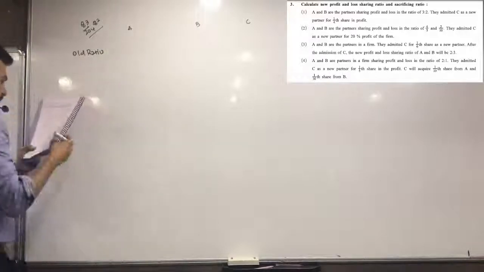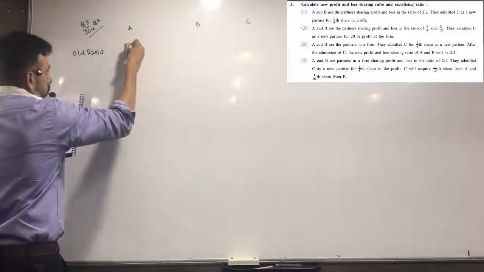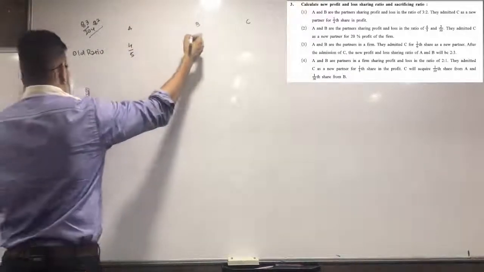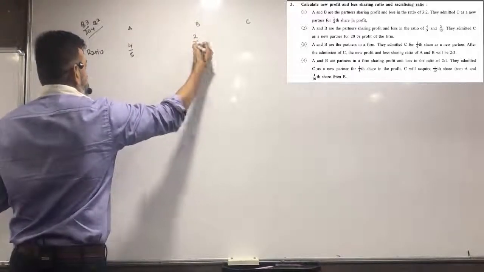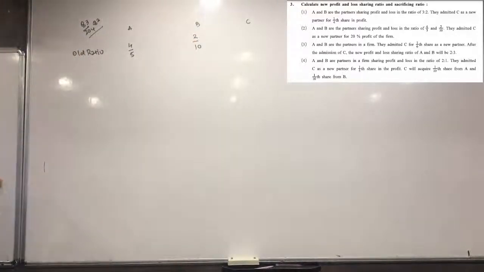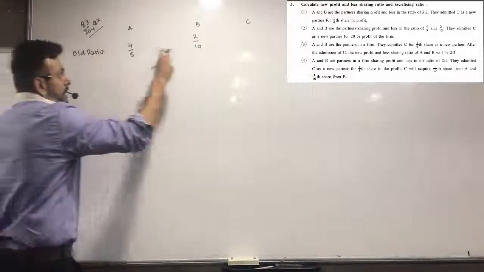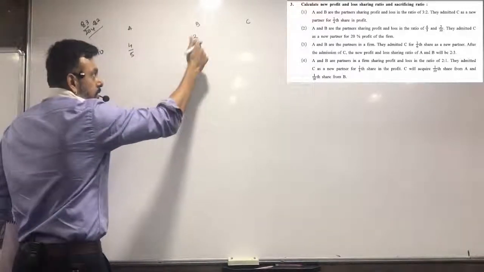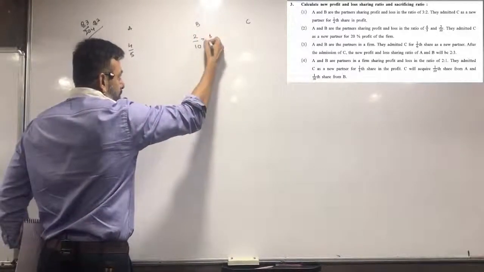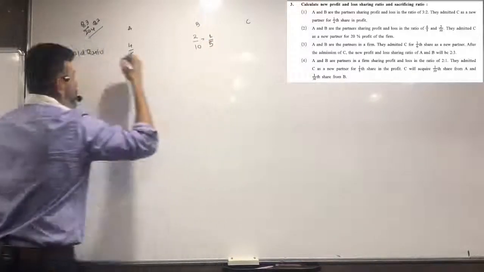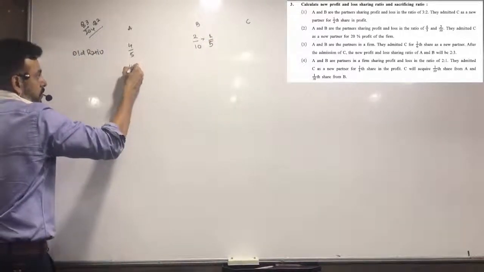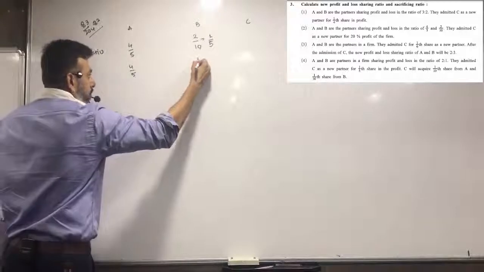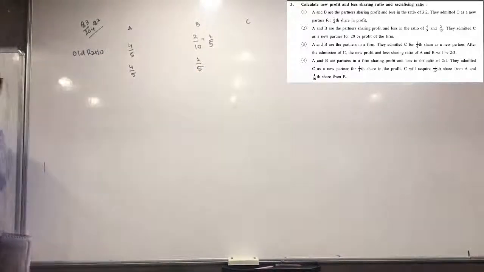Now what is the old ratio given? 4/5 and 2/10. Now if I want to make the denominator same, can I take this as 1/5? So the old ratio is 4/5 and 1/5. Understood this? All of you? Okay.